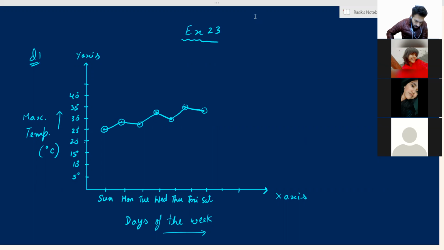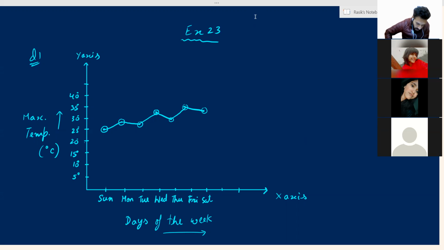Pranjali, this 28 will come just above the middle line, below 30, above the line which is exactly between 25 and 30. It will come on the sixth division from 25. When you go above 25 to the sixth small division, there will be 28. Okay.